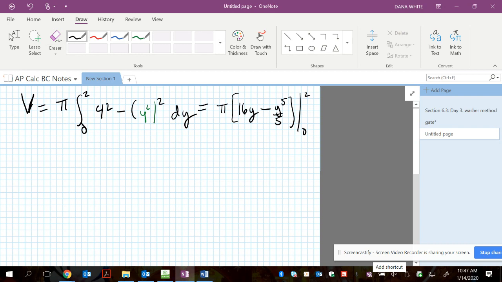Yeah? Okay, so what does this equal? Pi, and we're going to plug in the 2, that's 32, minus put in 2. 2 to the 5th, playing 2048. 2, 4, 8, 16, 32, right? 32 fifths. Oh, it's minus 0, sorry.